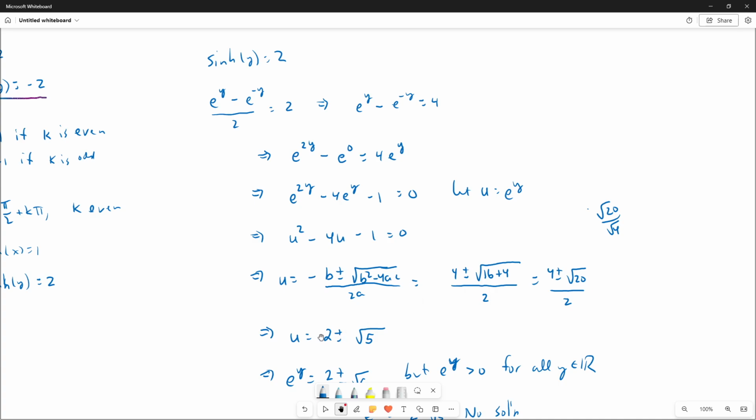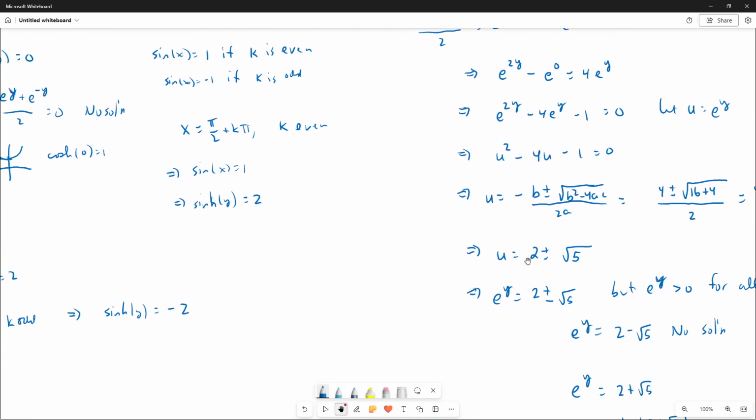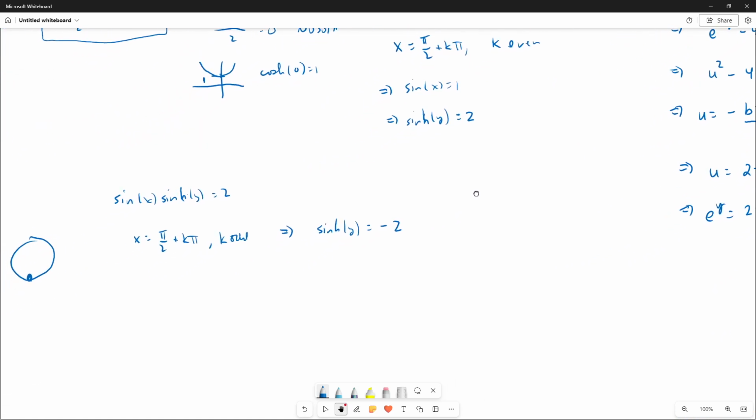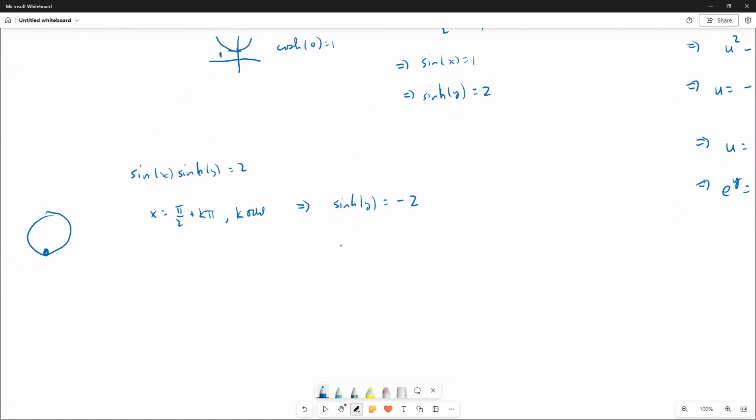So it would change this one to a negative, but it wouldn't change this one because we were squaring the b. So we would get u equals negative 2 plus or minus root 5.